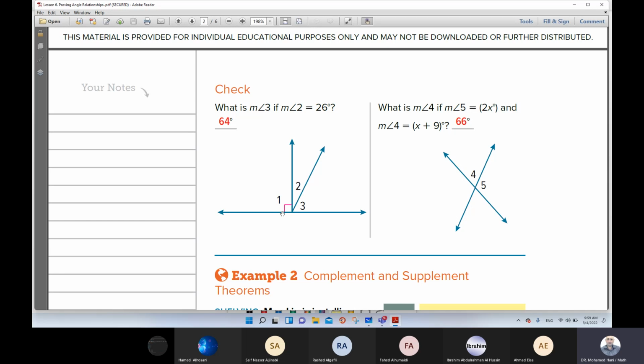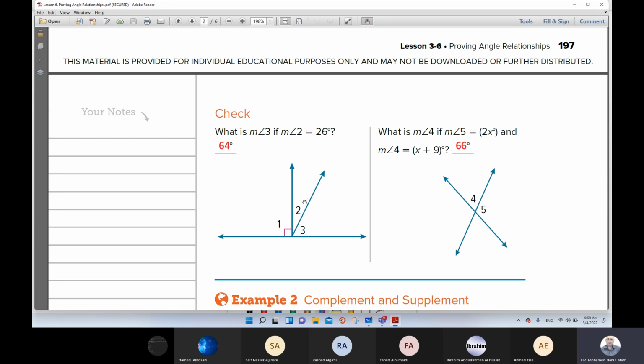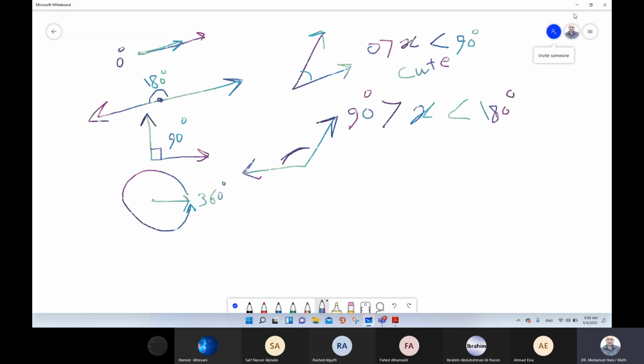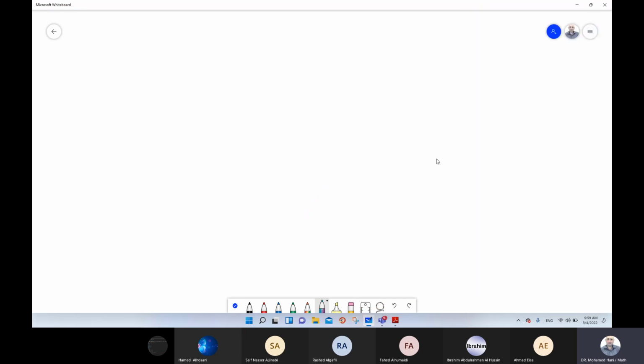So as you see, the three angles are in the same straight line. So the sum of all the angles will be 180. So we can write the equation: angle 1 plus angle 2 plus angle 3 equals 180.